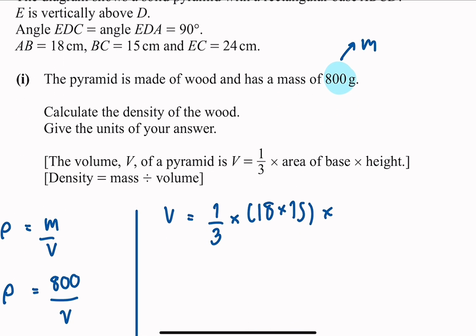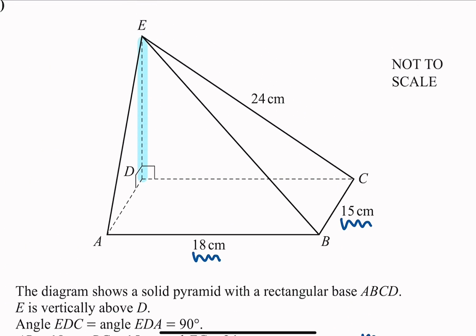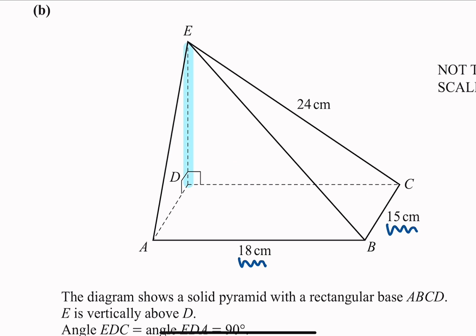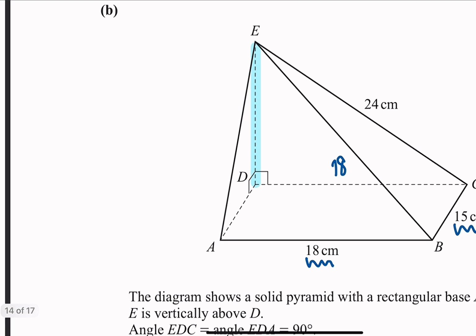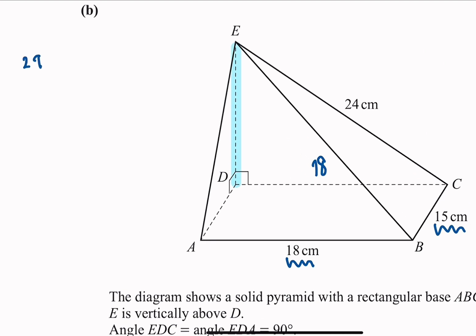Therefore, first, we will find the length of ED by using Pythagoras theorem. This is 18. Therefore, 24 squared is equal to ED squared plus 18 squared.